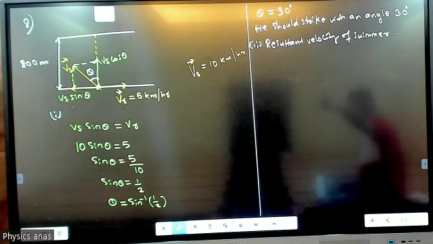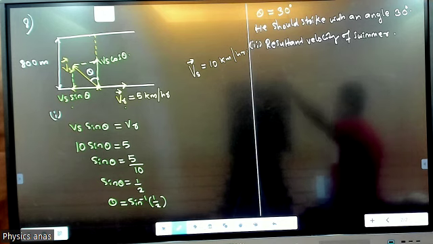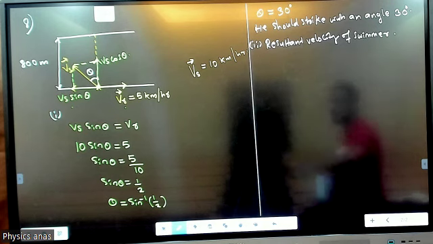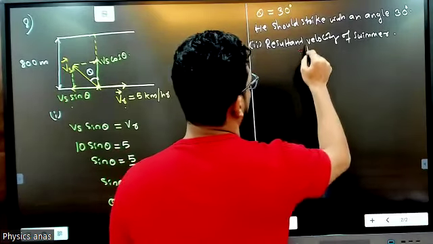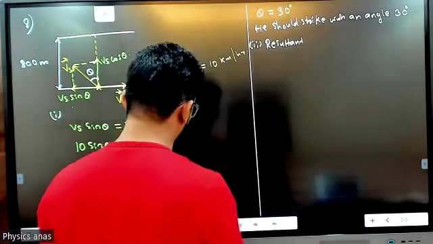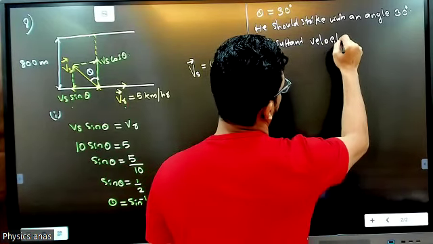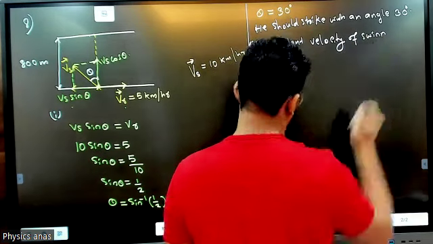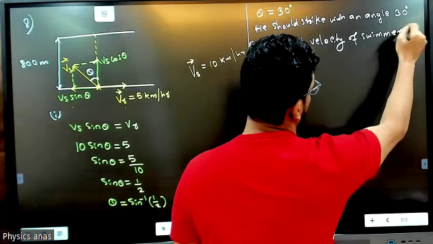There is Vs cos theta, Vs sin theta, Vr, Vs. Four velocities you can see on the board. Which of these velocities will give you the resultant velocity of swimmer?